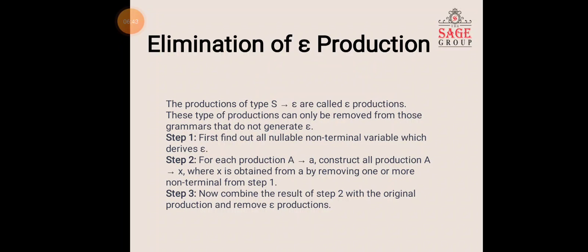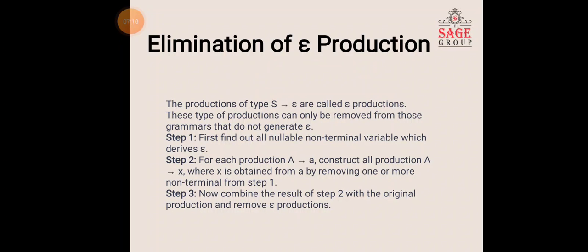So first thing is, as we discussed, we need to remove the useless productions or useless variables, right? The second step which we make use of while reducing a grammar is elimination of epsilon production. So elimination of epsilon production is a very important step, in which first we need to identify all the productions in a grammar which contain epsilon, right?